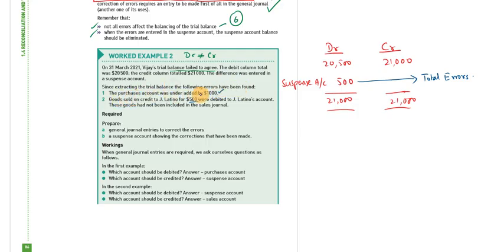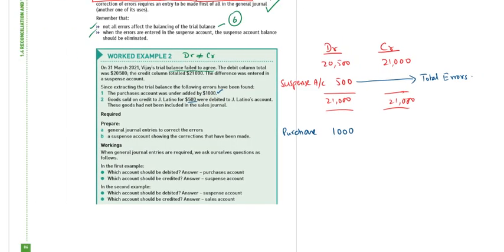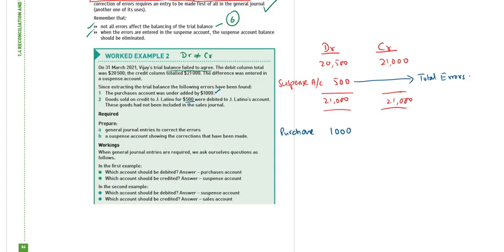The purchase account was underadded by 1,000. It means we recorded less purchases by 1,000. So the rectifying entry will be that we add purchases by 1,000.